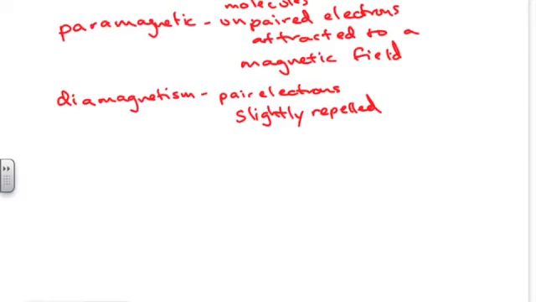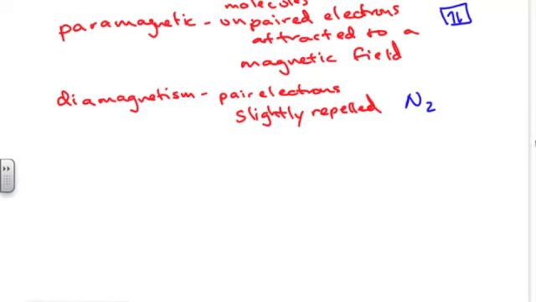Now, if we were to go back, and I erased it, I hope you remember that when we looked at nitrogen, which had that triple bond, those bonding orbitals were completely filled, and nitrogen was completely paired up. So nitrogen, N2, is diamagnetic.